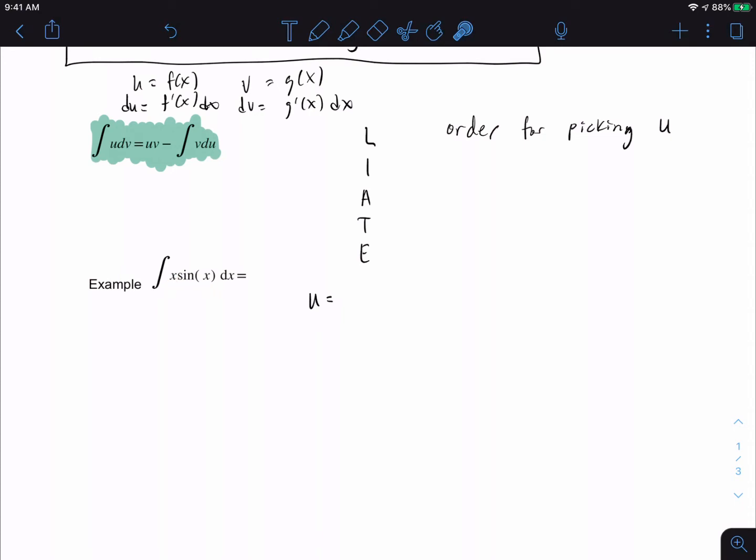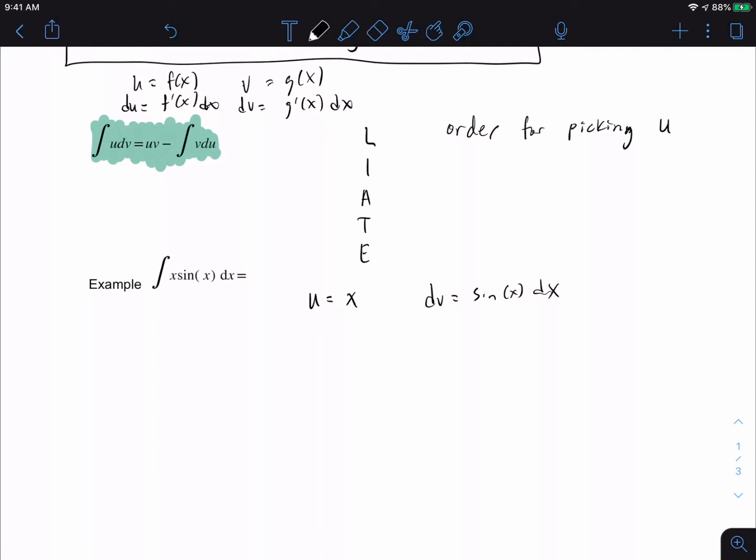Sine of x is trig. Algebra comes before trig, so U should be x, and my dv should be sine of x dx. That's the rest of it. So u times dv is the integral I'm trying to do.